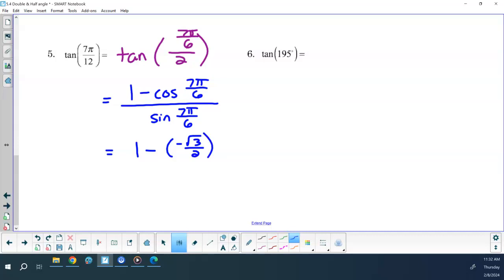What is the sine at 7 pi over 6? Negative. But this would be dividing by negative 1/2, so it would be the same as multiplying by negative 2. Maybe get that one in there.